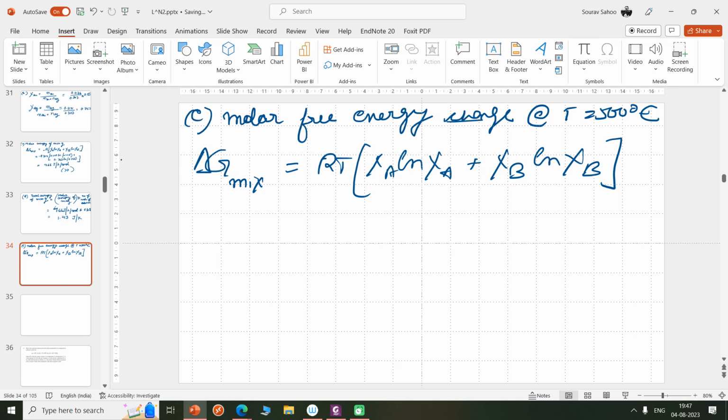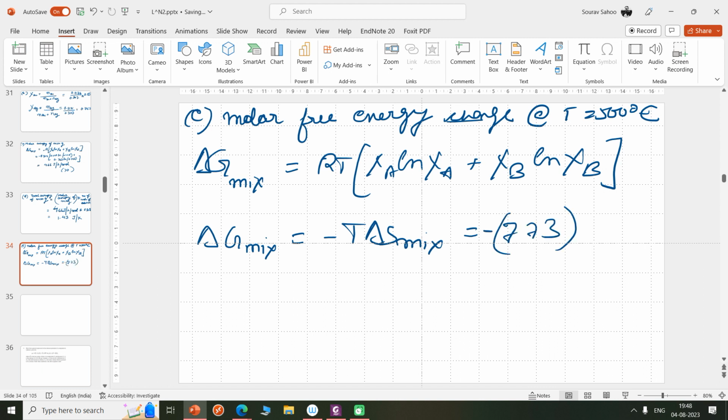So this will give me delta G mix is equal to minus T delta S mix. We add 273 to 500, so we have 773 Kelvin, and negative of 4.66, the molar entropy for mixing.